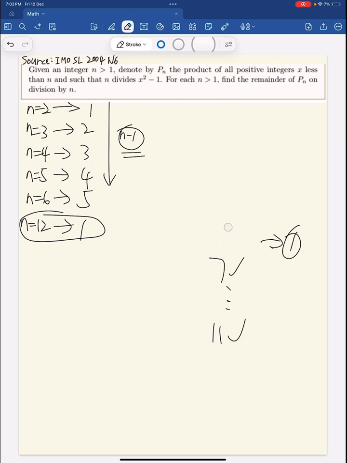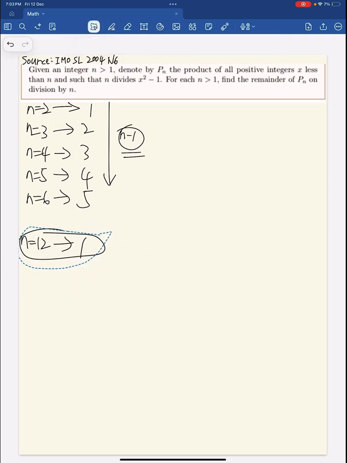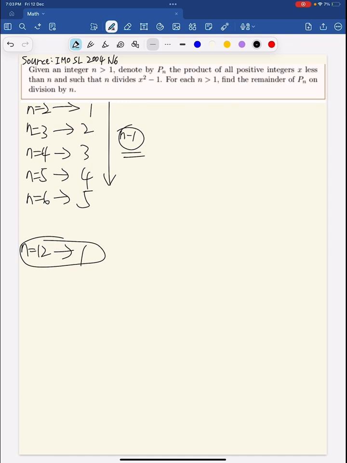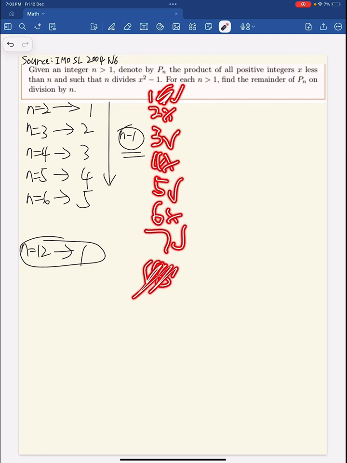Then after some more trial and error, you get some other values that don't work. For example, if n is 8, 1 works, 2 doesn't work, 3 works since it's 8, 4 doesn't, 5 works, 6 doesn't, 7 works, and there's no 8.